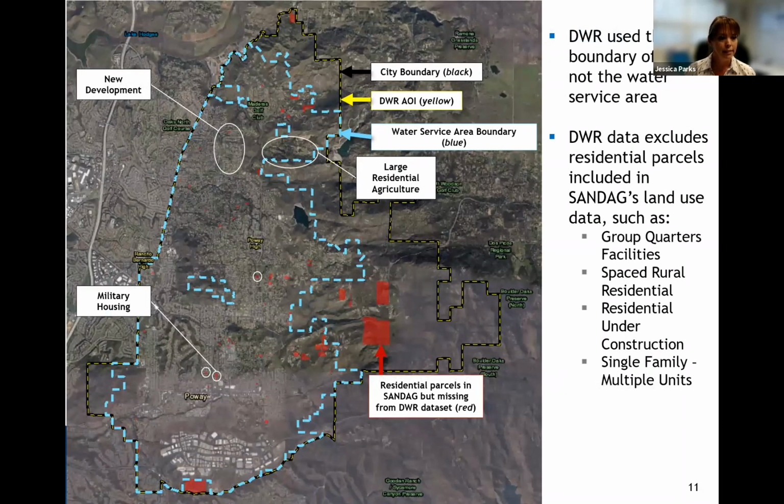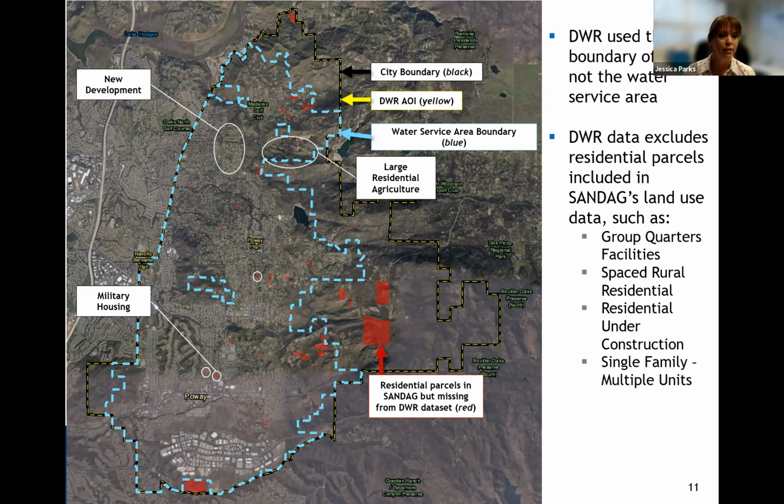So this is the city of Poway. You can see the yellow and black outline. That's actually the boundaries of the city of Poway. Within that, you'll see the blue dotted lines, and that is our water service area, the area that we have water currently connected to our potable system. Outside of that, we have some wells.